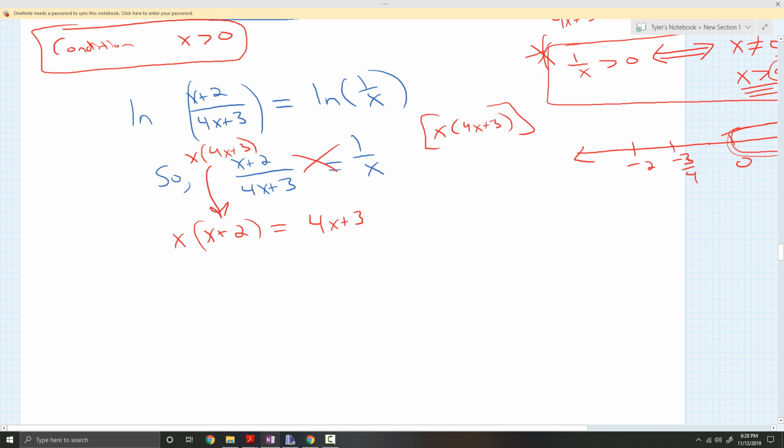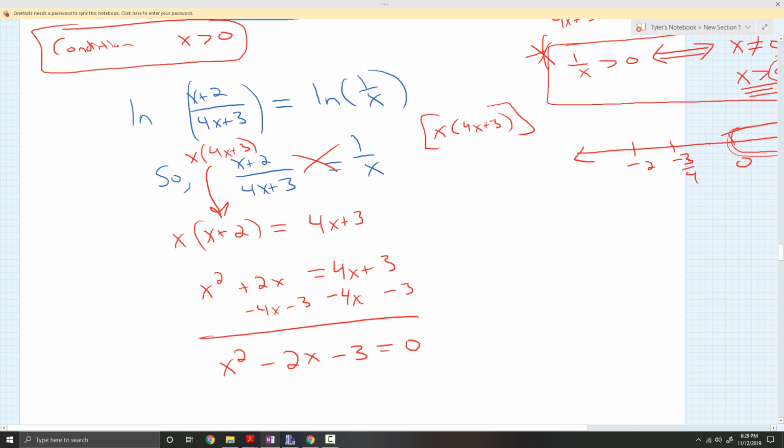You can do that. So then we would have x squared plus 2x on the left equals 4x plus 3. So we have a degree 2 polynomial. Like we've done a million times, we want to set this equal to 0. So I can subtract 4x and subtract 3 from both sides. We're left with x squared minus 2x minus 3 equals 0. This will factor as (x plus 1)(x minus 3).